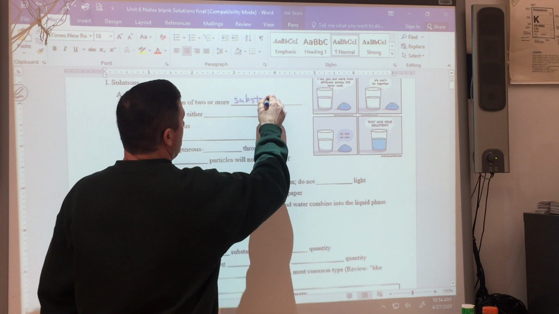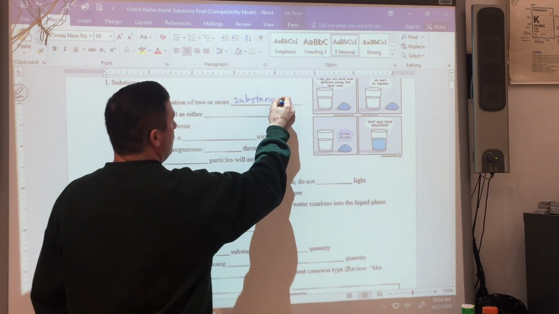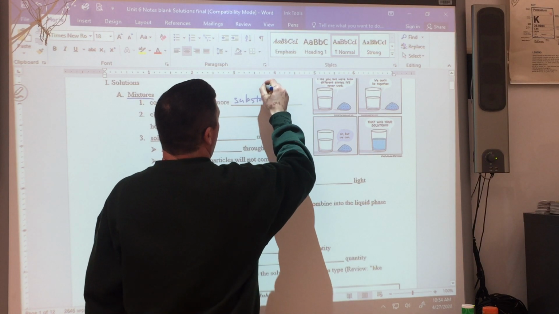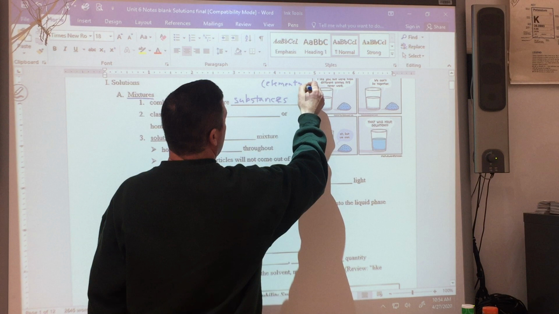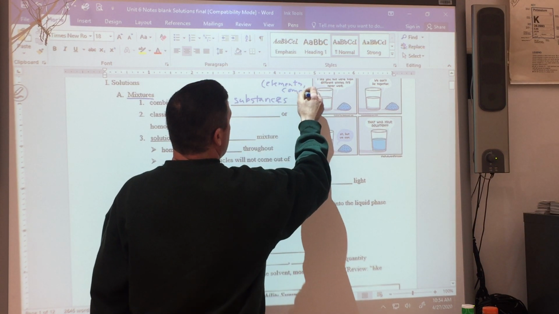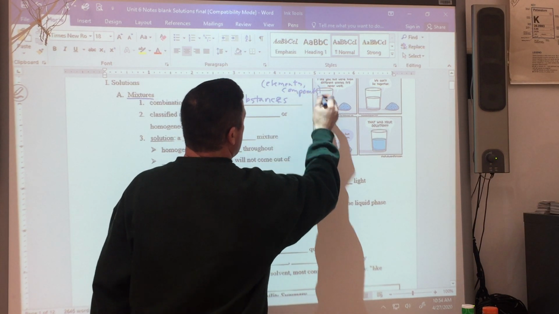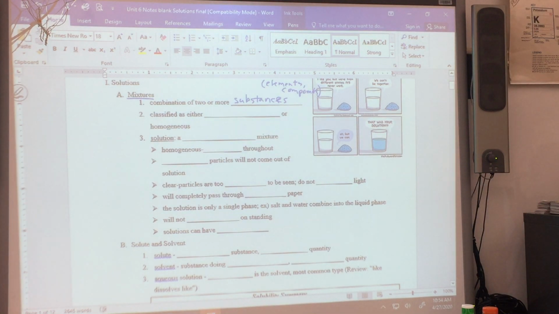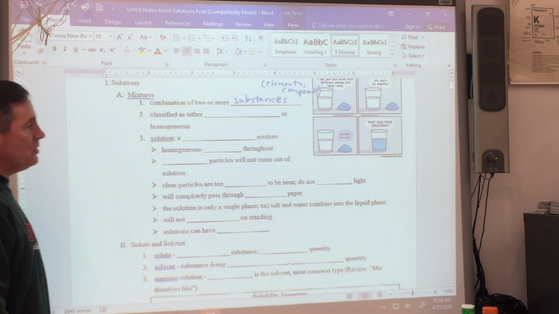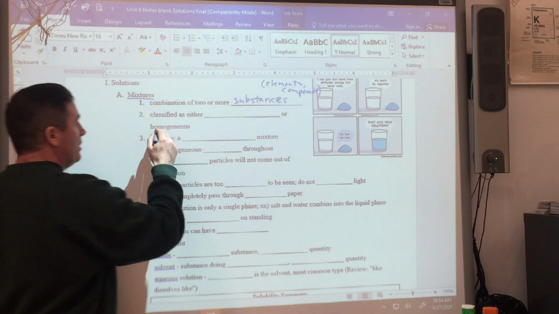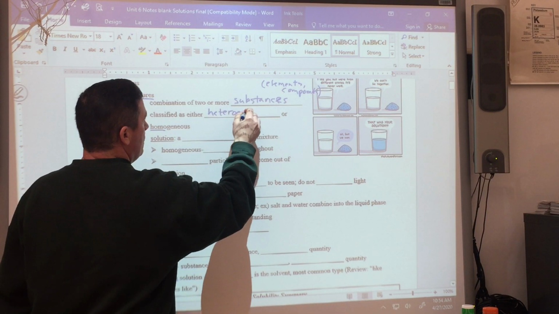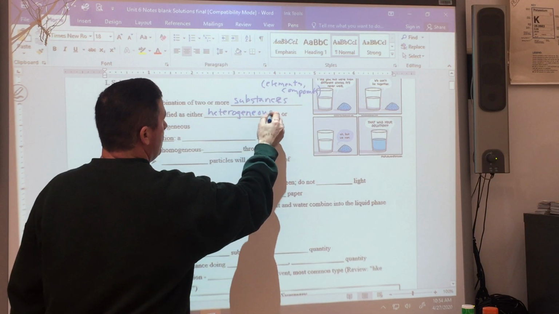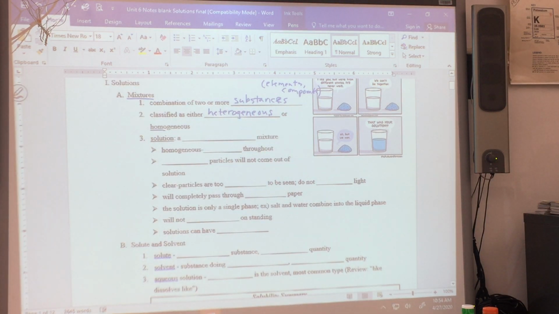Now remember, substances are either elements or compounds. And mixtures can also be classified. They're either homogeneous or heterogeneous. We've already been introduced to this quite a while ago.